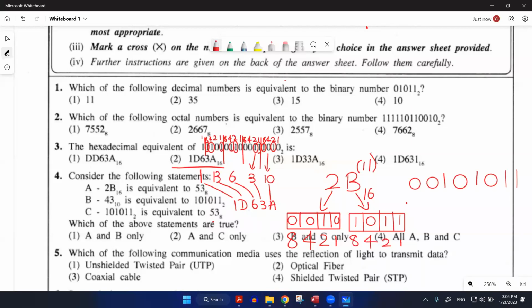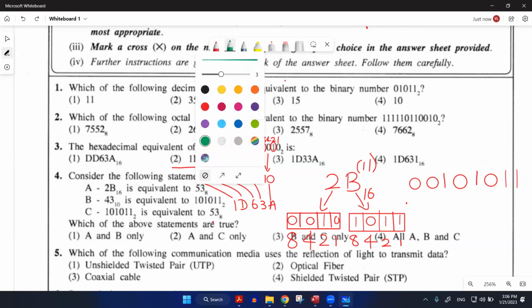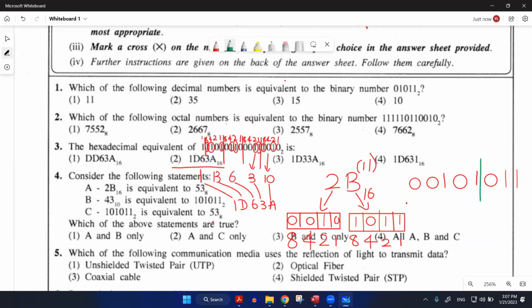Now we are going to divide this into 3-bit groups. Each contains the values 1, 2, and 4, not 1, 2, and 3.